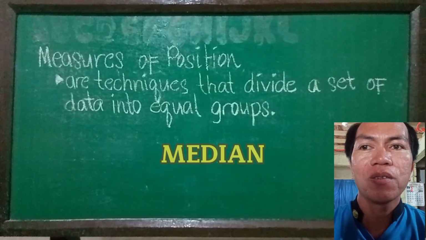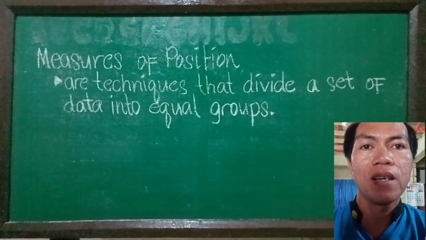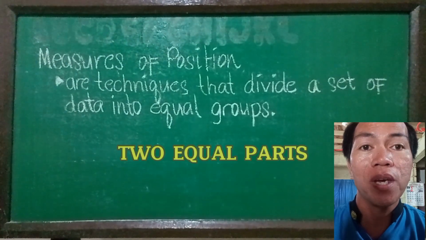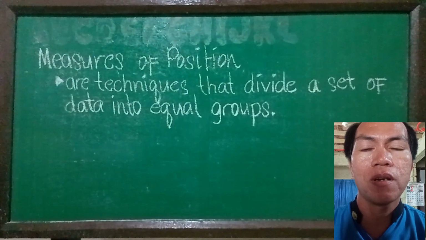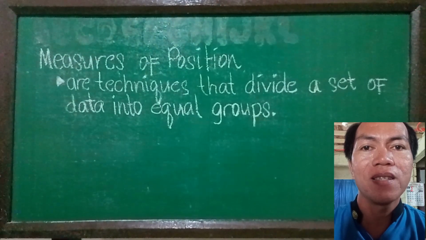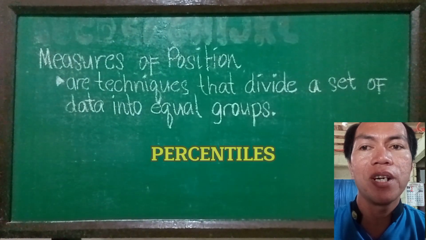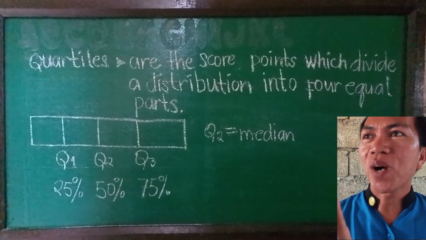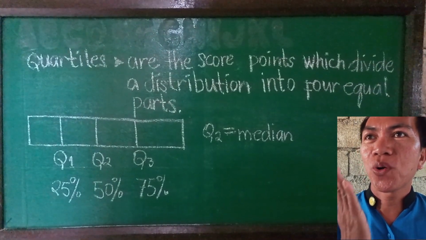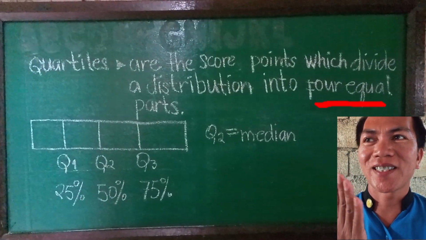The median is also considered a measure of position since it divides the data into exactly two equal parts. Other types of measures of position are quartiles, deciles, and percentiles, which we'll be learning in today's video. By definition, quartiles are the score points which divide a distribution into four equal parts.